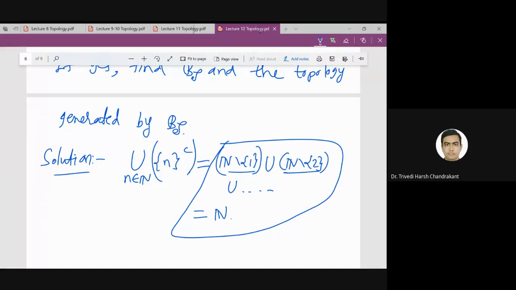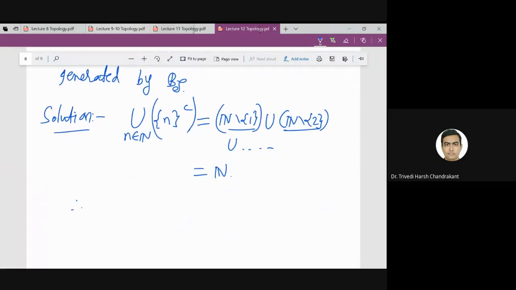Yes, sir, clear. So therefore S is a subbasis on the set of natural numbers.